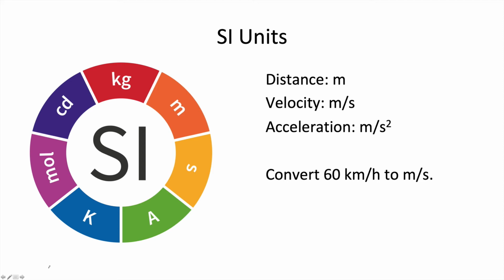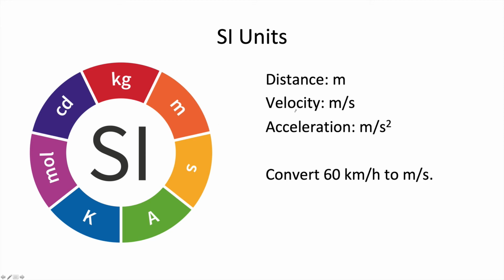Some of them you're probably familiar with, like kilogram is the SI unit for mass, meters for distance, seconds for time, amperes for current, kelvins for temperature, which you'll be learning about in the thermal physics topic, moles tell you about the amount of matter contained within something, and then candelas, which you won't see in this course, is related to the luminosity of something.